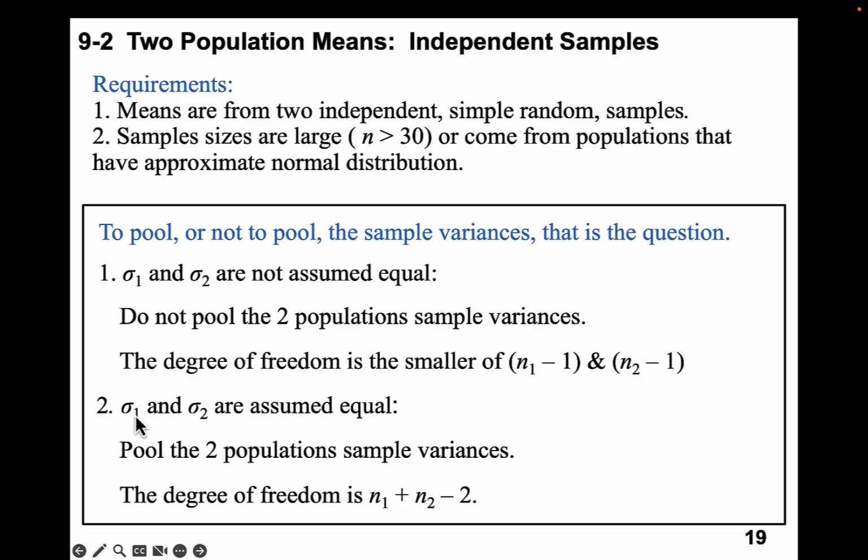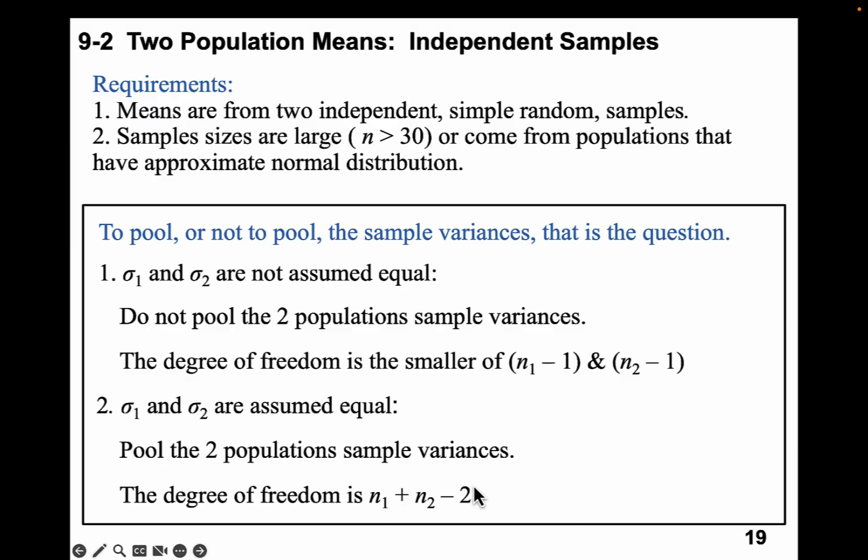If sigma sub 1 and sigma sub 2 are assumed equal, and it'll say it once again clearly in the question, they are assumed equal or they are not assumed equal. If we're going with assumed equal, that means we can pool the two populations' sample variances, and our degree of freedom becomes adding the two sample sizes together and then minus 2.